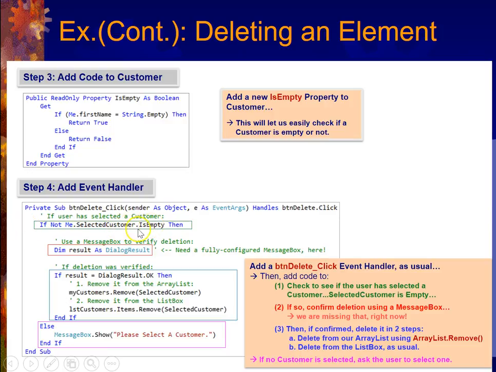And all of that is just done at the beginning up here, as a kind of precaution, so that we don't generate an error in case somebody doesn't actually select something, but they press the delete button.